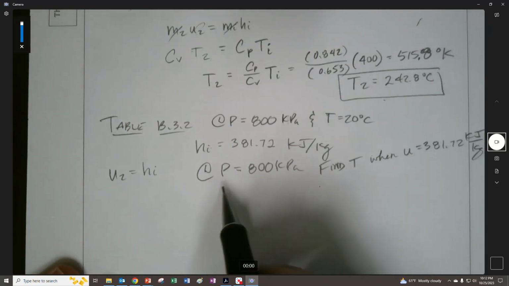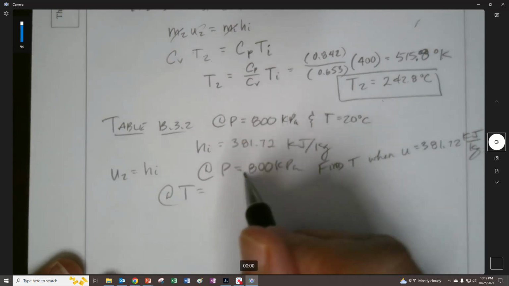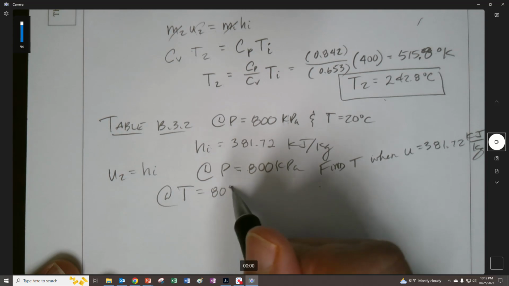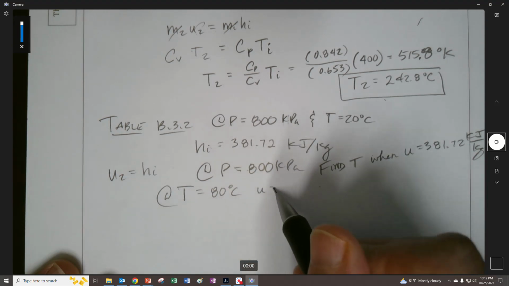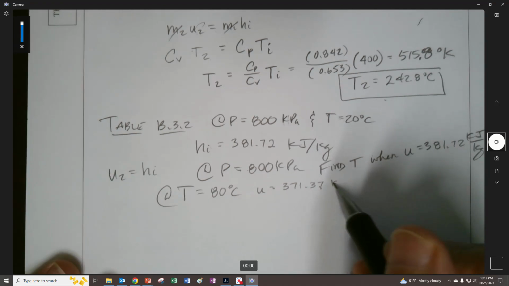And so if you look in the table, you'll find at temperature up here, corresponding to under here, we have 80 degrees Celsius, and U is 371.37 kilojoules per kilogram.